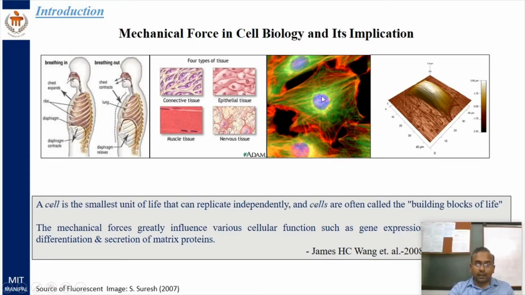Here it is skeleton, here it is cytoskeleton. And this cytoskeleton is very active and involved in many mechanical activities like migration, adhesion, and mitosis, etc. It is also seen that mechanical forces greatly influence various cellular functions within the cell.